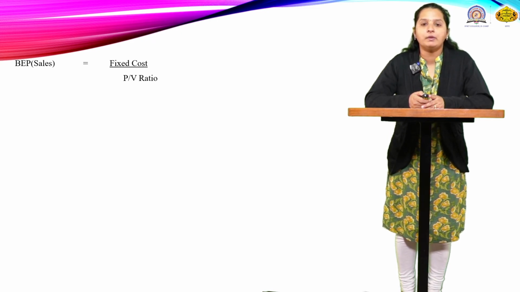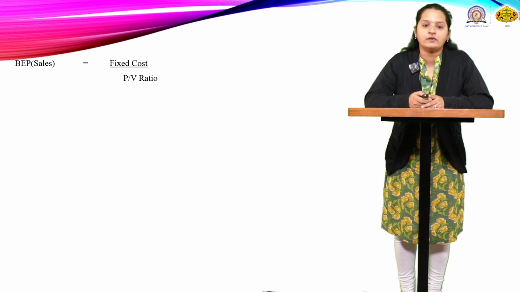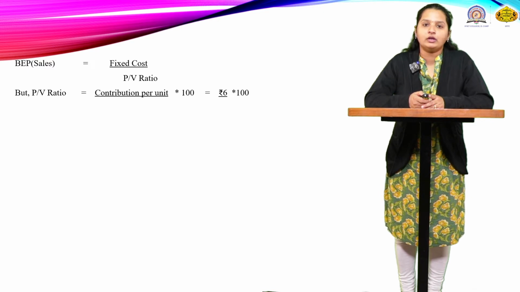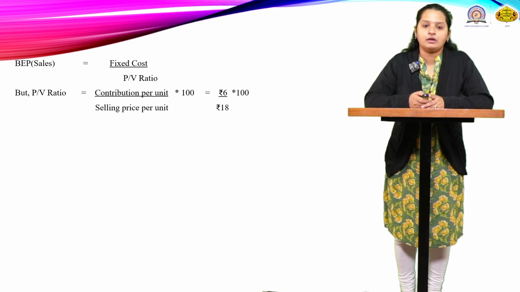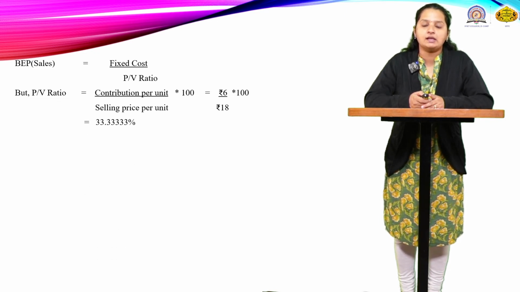So, for calculating BEP in sales, we have the formula which is fixed cost upon PV ratio. But we have to calculate the PV ratio. The formula for calculating PV ratio is contribution per unit upon selling price per unit into 100. So, rupees 6 upon rupees 18 into 100, and in this way we will get the PV ratio as 33.3333%.